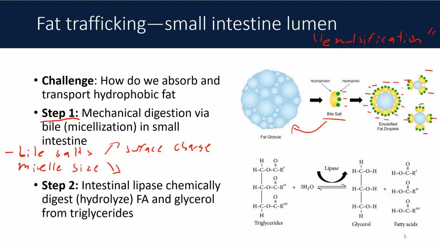And when you shrink the micelles and you get several tiny ones, we are actually increasing the surface area. And that's the key to step one. That surface area increase is really important because it's going to allow for step two, intestinal lipases, to chemically digest the triglycerides within these fat droplets into glycerol and fatty acids.